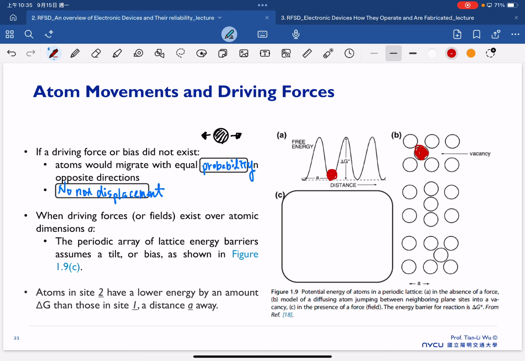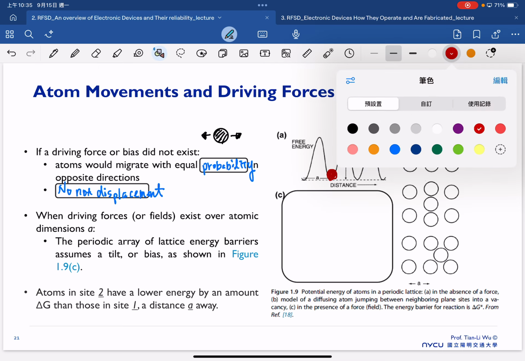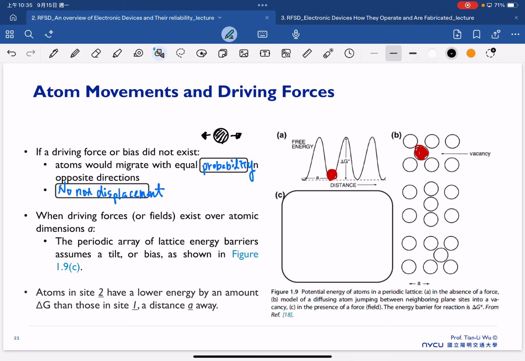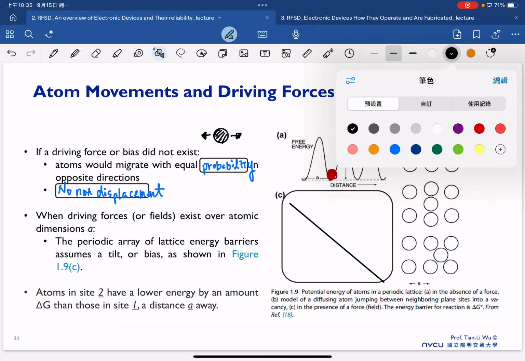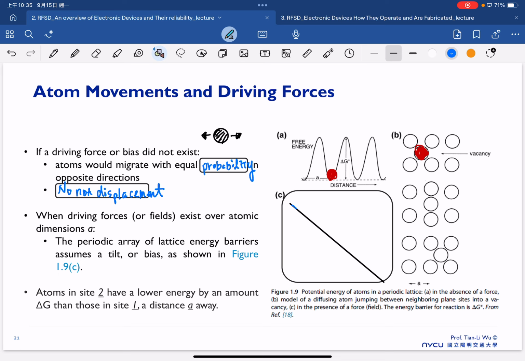But if you want to see these Altons move to the right, there must be a certain external force, where we can expect this barrier energy diagram to be shown as here.